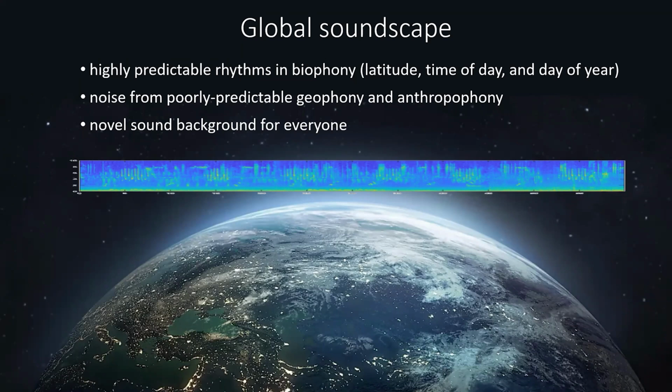And because the rhythms in these sounds are so noisy, it means that both humans and animals are now trying to communicate against a much noisier background than before, which makes signaling much harder than before, and also creates selection pressures for modified communication against this new type of background.